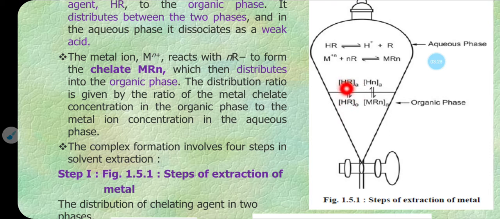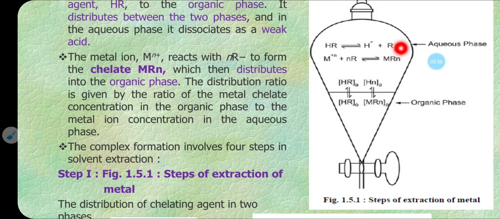After distribution, the chelating reagent in the aqueous phase starts to dissociate, to ionize, because it is a weak acid. This reagent is ionized to form the ions H plus and R minus. So this is the second step. This equilibrium will be maintained, that is, HR in equilibrium with H plus and R minus.